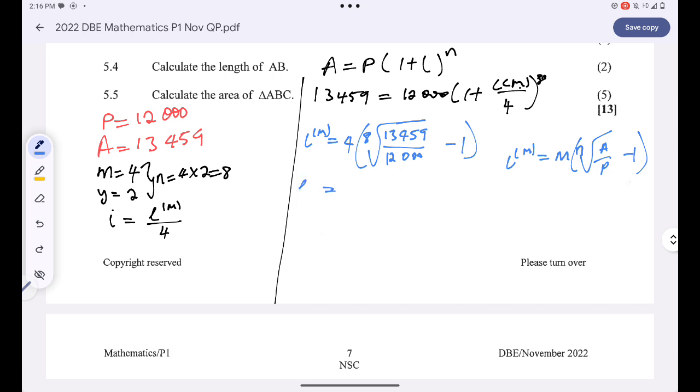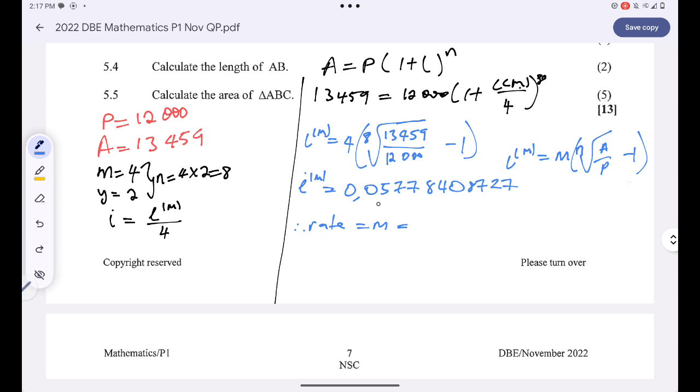So just punch everything in your calculator: 4 multiplied by the 8th root of 13,459 divided by 12,000, minus 1. This will give me 0.057784..., but they wanted me to find the rate of interest, which is equal to m.